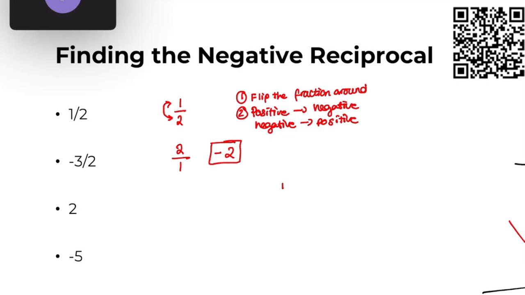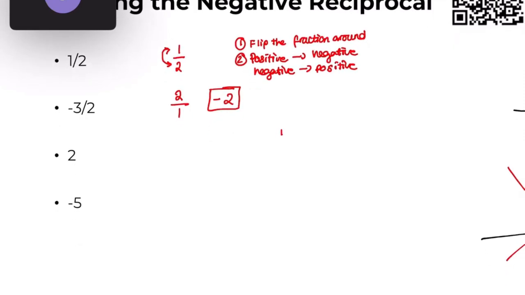If we do minus 3 over 2, we flip the numerator and the denominator around, so that becomes 2 over 3, and because it's negative, we change it to positive. So it becomes 2/3. That's your answer. All you're doing is flipping it around and changing the sign in front of it.